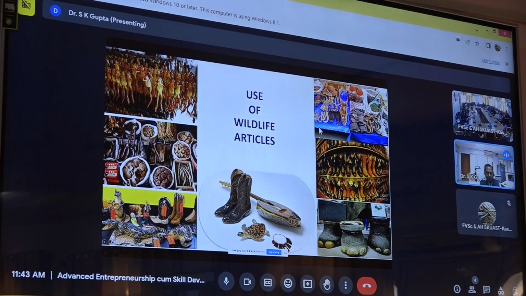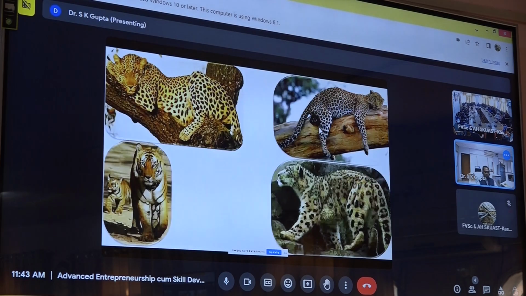And there is a variety of ornamental objects you can see here, from musical instruments to souvenir articles. The purpose of showing this picture is to tell you that there are a lot of variations within a species, and even across species. We cannot imagine how many products are floating.